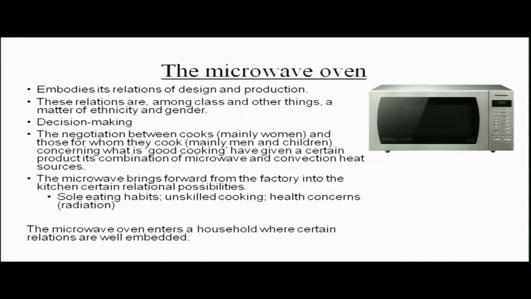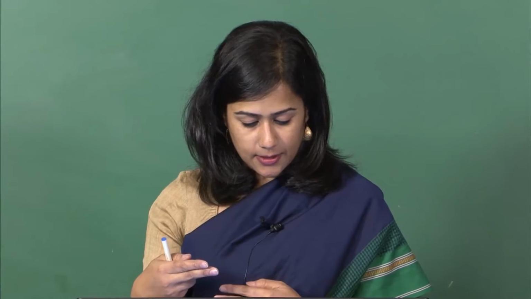So as I said, a technology is entering a household or entering a power geometry, a power negotiation that has already been negotiated, and this is where the role of technology comes in: is it influencing the existing power relations in terms of gender, or is it recreating or reproducing another power geometry.